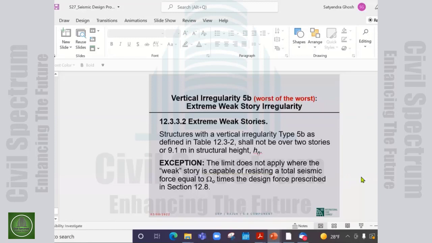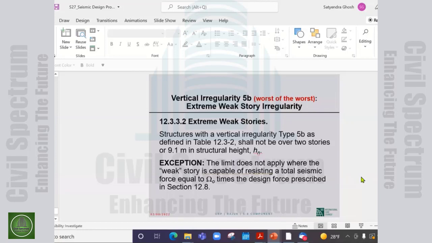It would be preferable to use rationally computed period rather than the approximate period, because approximate period assumes more stiffness essentially, but the code never explicitly tells you that you cannot use drift computation based on approximate period.